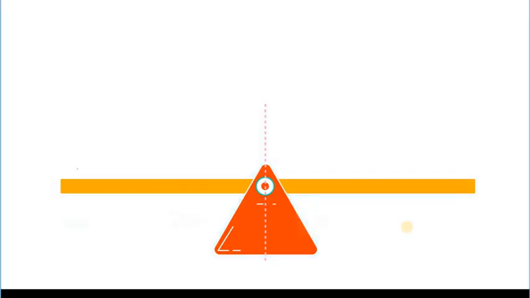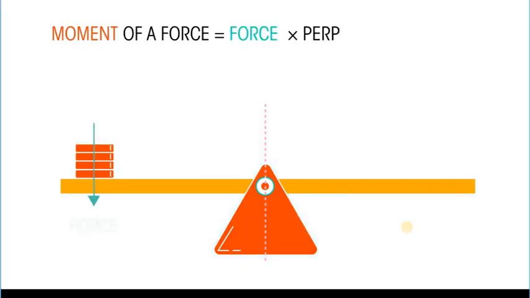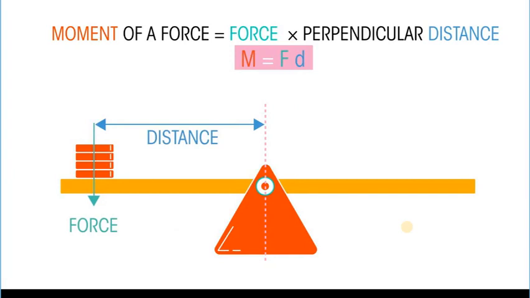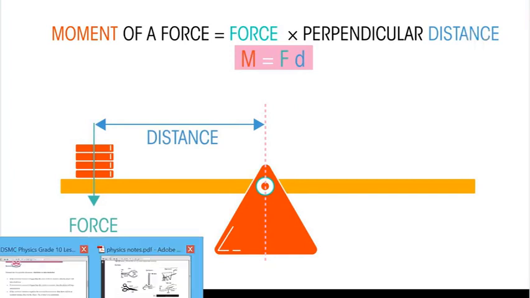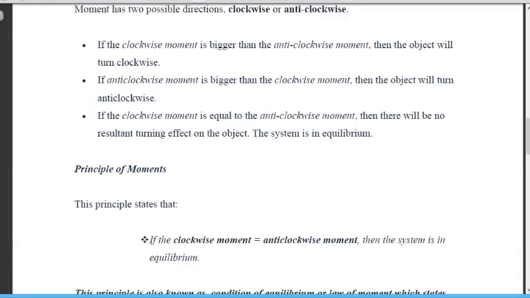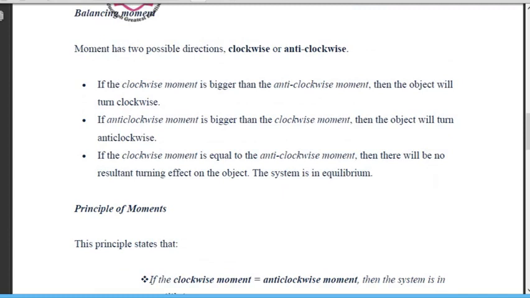This is because the size of a moment is determined by the force and a distance. Okay. So when the clockwise moments are equal to the anti-clockwise moments, there will be no resultant turning effect, because they are now balanced. Right? If they are balanced, then there is no turning effect.